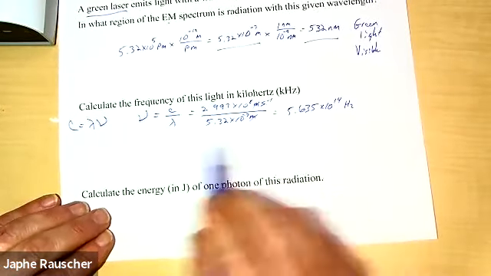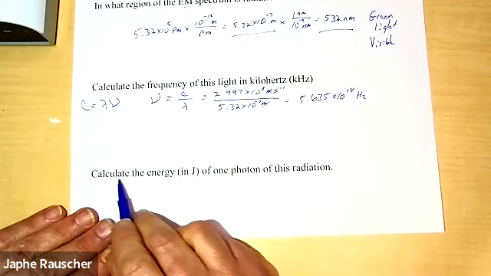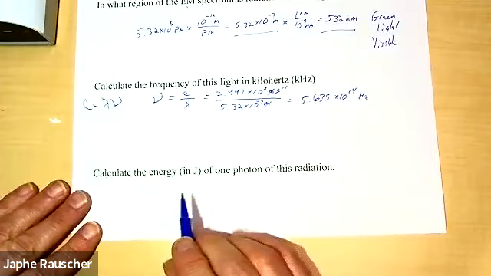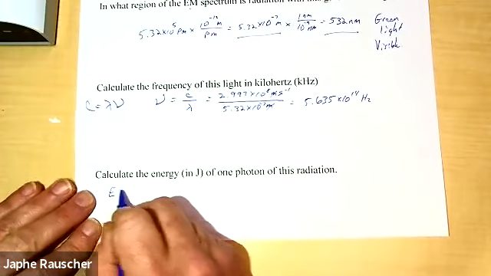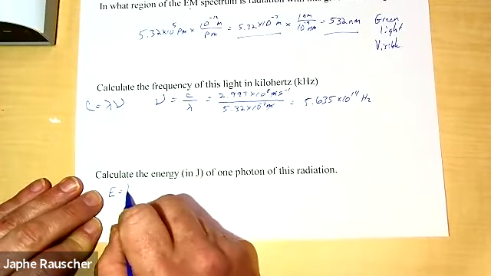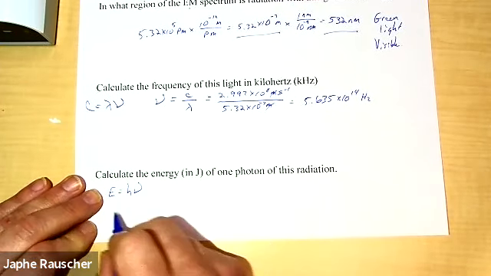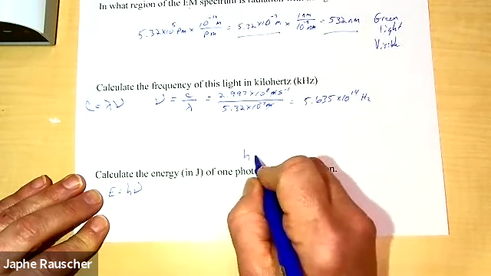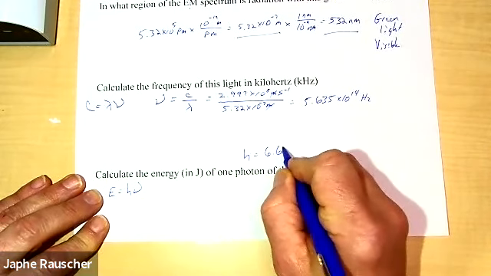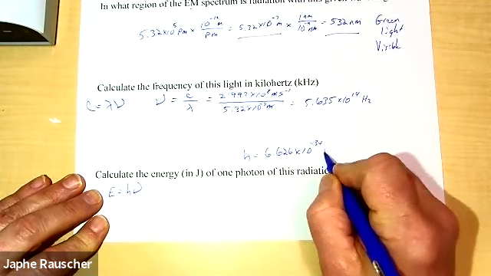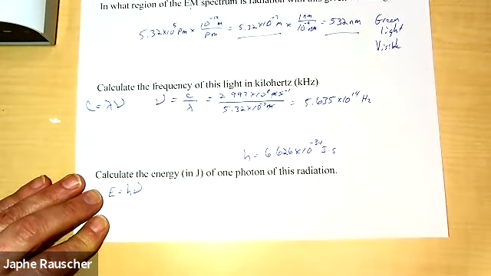All right, the last question here asks us to calculate the energy in joules of one photon of this radiation. Well, we have this formula that the energy is equal to Planck's constant times the frequency. Well, Planck's constant is, let me write that here, Planck's constant is equal to 6.626 times 10 to the negative 34 joule seconds. All right.